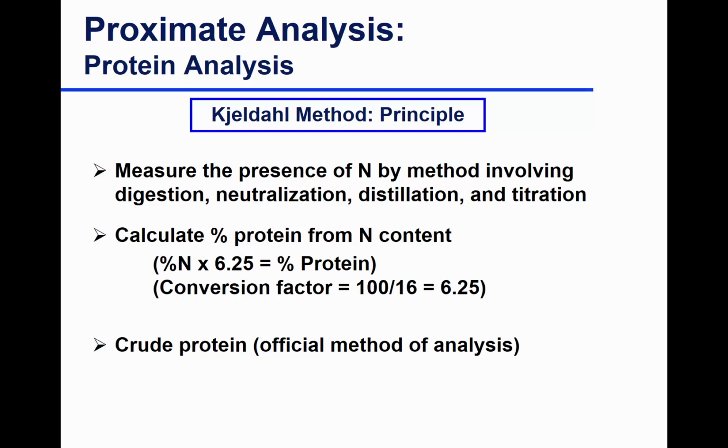So in lab next week, if you have a wheat-based product, you will use a conversion factor, I believe it's 5.7. And then for dairy, if you have cheese, you will use a conversion factor of 6.38. But if you have almonds, for example, you would use the general factor, which is 6.25, when you're not given a factor.